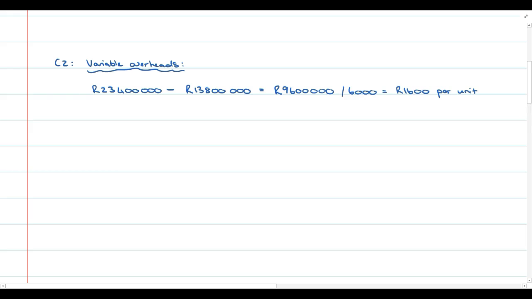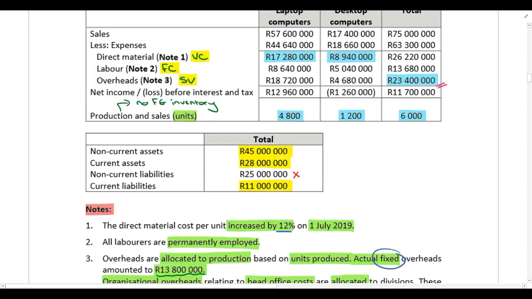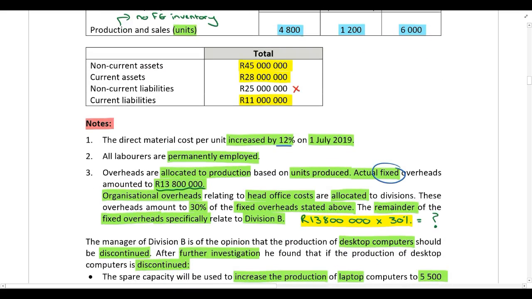Then we know that the fixed overheads are 13.8 million. But we need to also analyze these fixed overheads in a bit more detail, because we know that the fixed overheads also include organizational overheads relating to head office costs that are allocated to divisions.